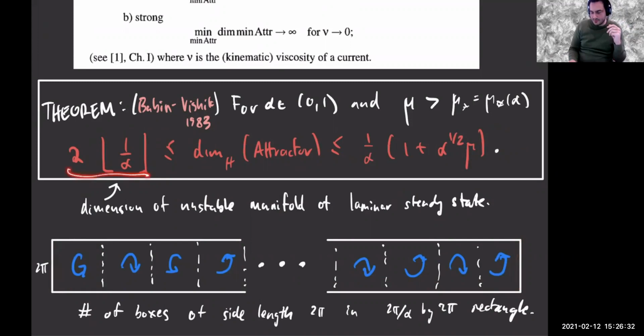So the lower bound, which I forgot to say, is the dimension of the unstable manifold of the laminar steady state, the one that Yudovich bifurcated from and Meshalkin-Sinai proved was unstable. This is a computable dimension, and it corresponds to this heuristic that it's growing with the area of this rectangle as you increase the aspect ratio.